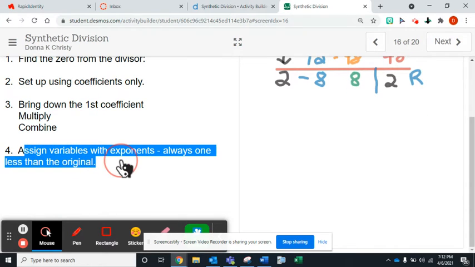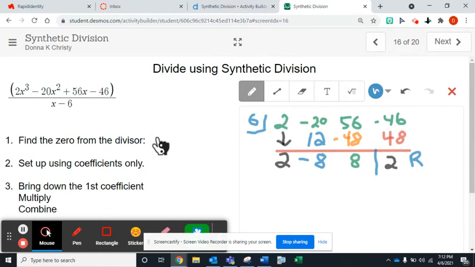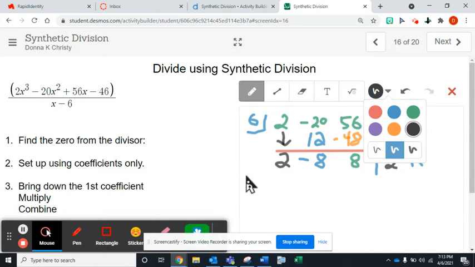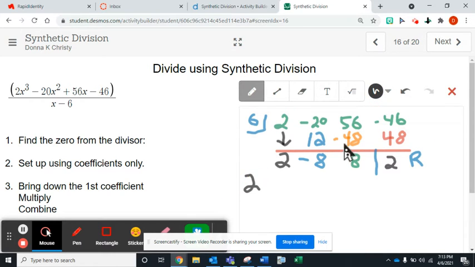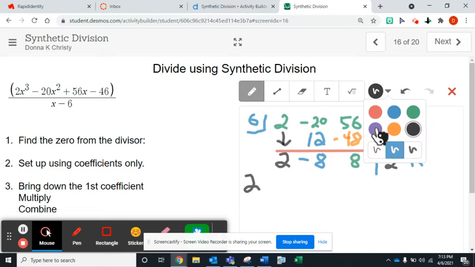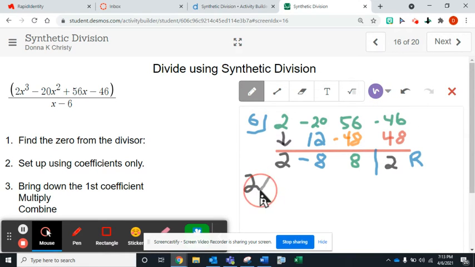Assign the variables with the exponents, always 1 less than the original. We started out with x cubed, so my first one here is going to be 2, and I'm going to do all the variables in purple. 2x squared.